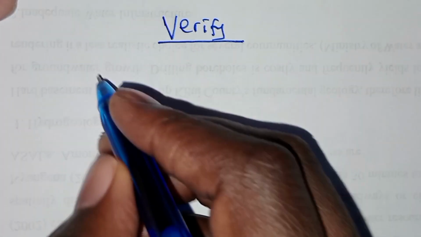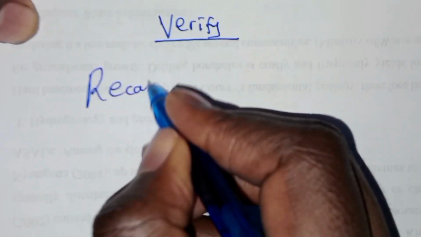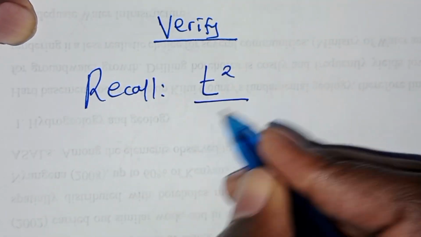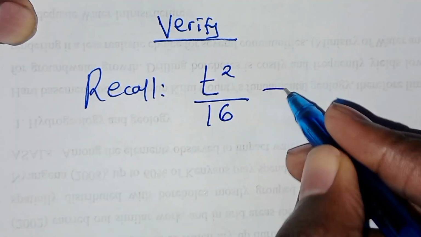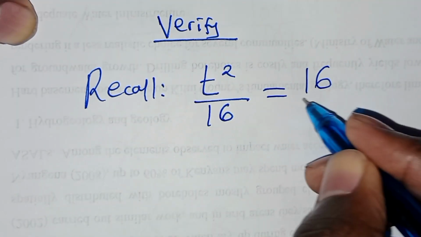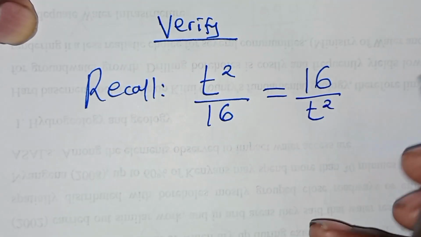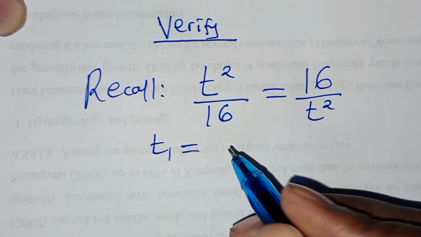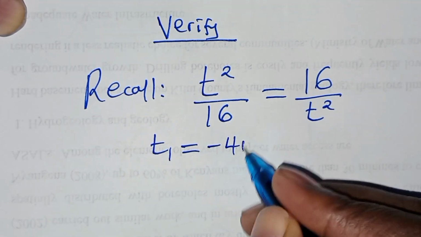Now, if you recall here, we have that t to the power 2 divided by 16 is equal to 16 over t to the power 2. Let's start with t1, which is equal to minus 4i.